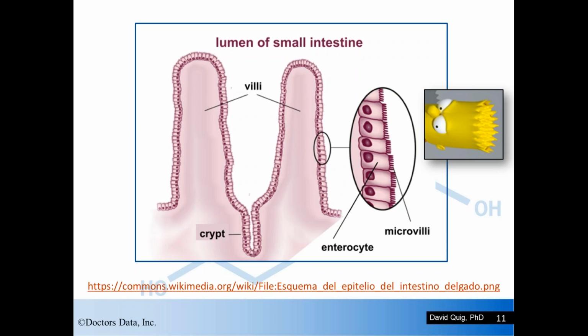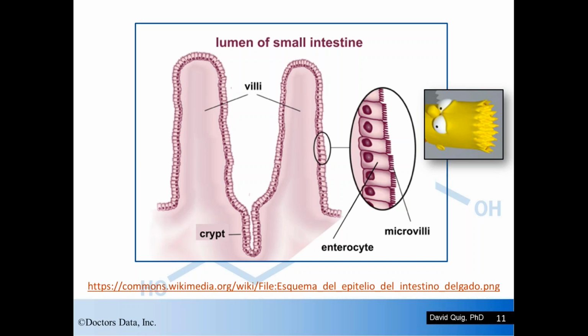Then we notice that he has eyes and a nose that can be analogous to the sensing function, and his mouth being the reporter function. So his eyes, nose, and mouth are responsible for sensing and reporting what's going on in the gastrointestinal tract.